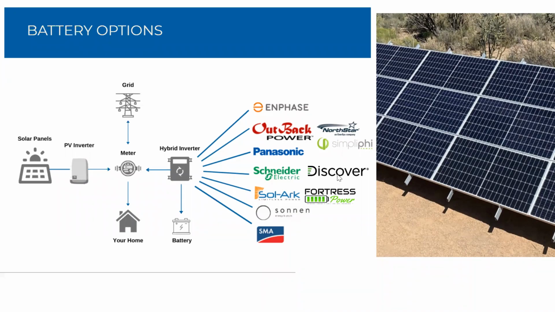Discover has inherent closed loop communicating abilities with the XW Pro from Schneider. However, you can add an additional link gateway card to enable Discover to also be closed loop communication compatible with Solarc or this Outback Skybox, and I also want to say the Sunny Island. Then last but not least, Simplify has their Amplify unit, which is their model that has the closed loop comms with Solarc.